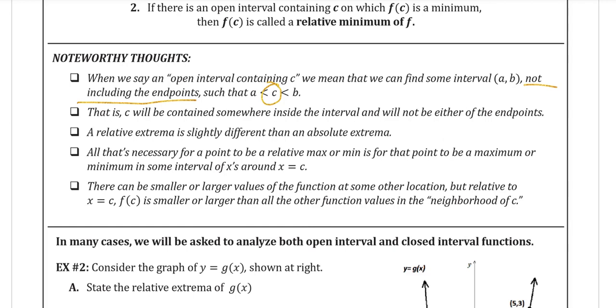So that's why it's called relative. And the last noteworthy point is there can be smaller or larger values of the function at some other location, but relative to x equals c, that f of c is smaller or larger than all the other values. So what we then create is what we call a neighborhood of c, and the size of that neighborhood is all dependent on how it's defined.